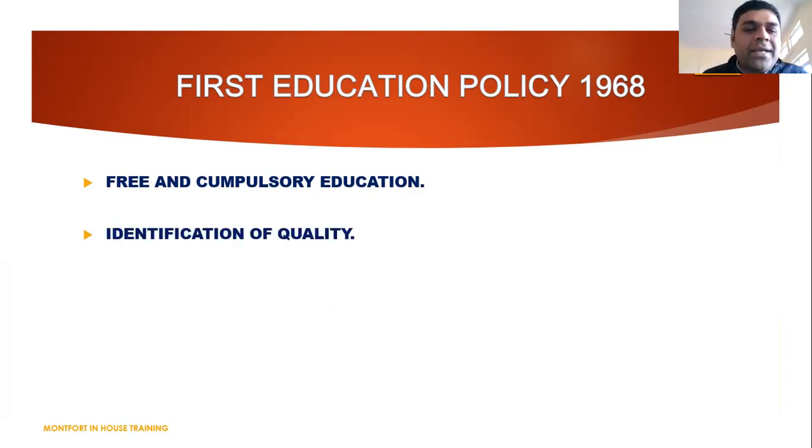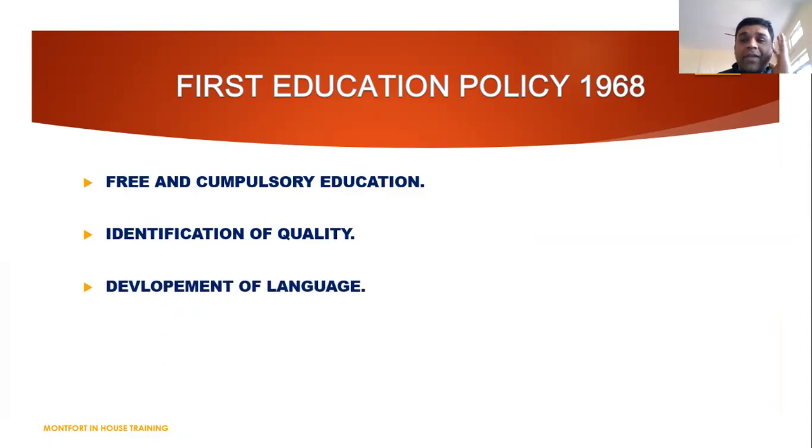Next is identification of quality. Without school, how can anyone judge what type of quality a particular student or child has? That's why this time they were identifying the qualities that children particularly have. Next is development of language. India is very diverse, so here it is compulsory to give a proper format of language.